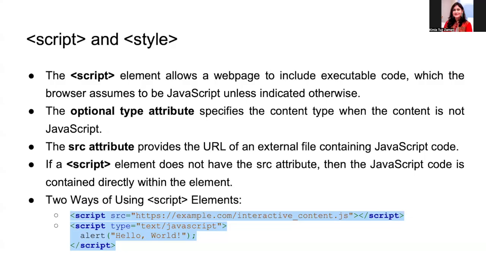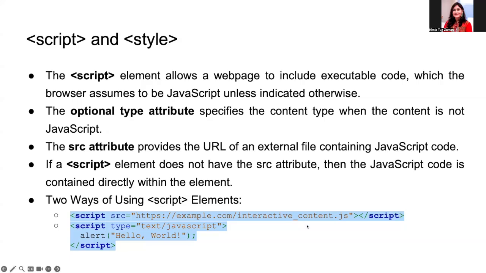The source attribute, or the src attribute, allows you to link an external JavaScript file by providing its URL. So this is the preferred way when you have larger or reusable code. For example, here, the JavaScript https://example.com/interactive_content.js.